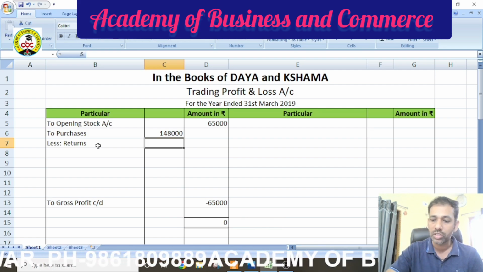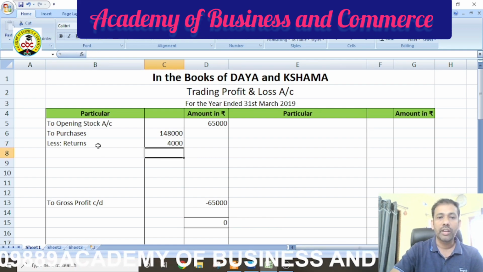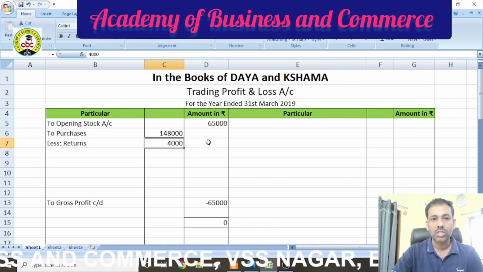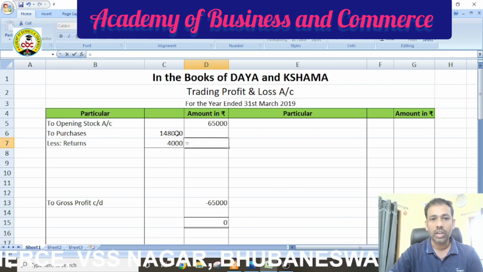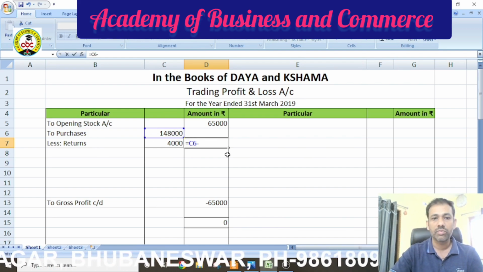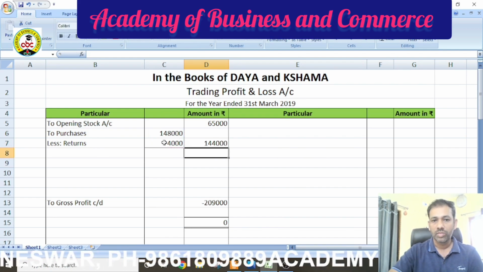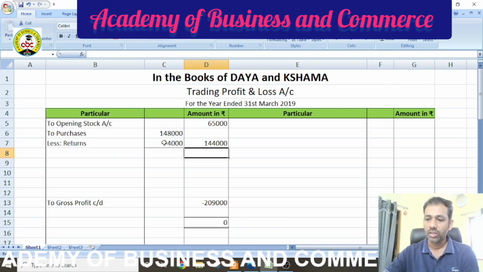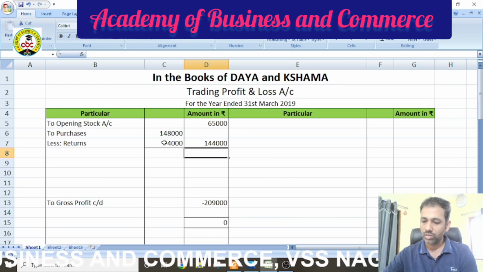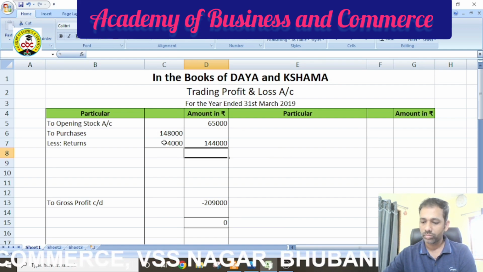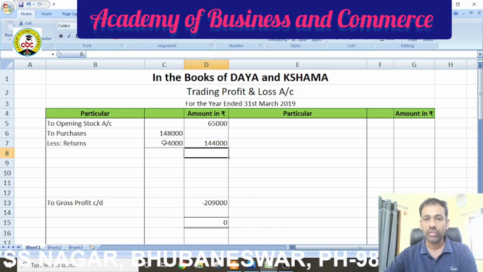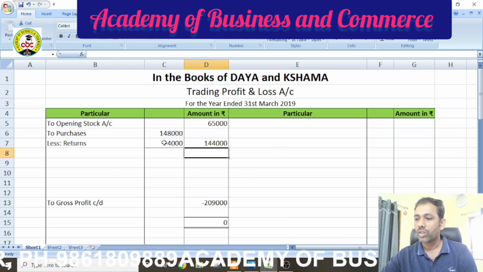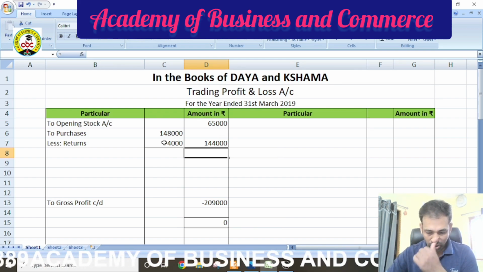So 4,000 is the purchase return, and in the outer column we take 1,48,000 minus 4,000, that is the net 1,44,000.